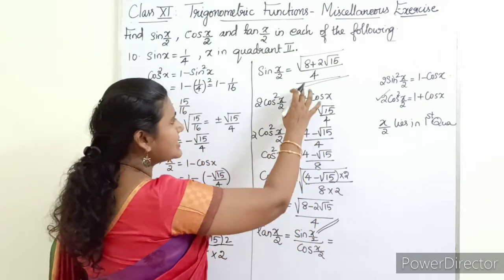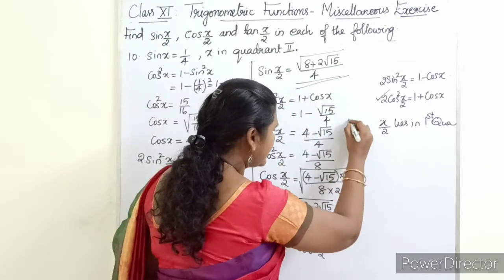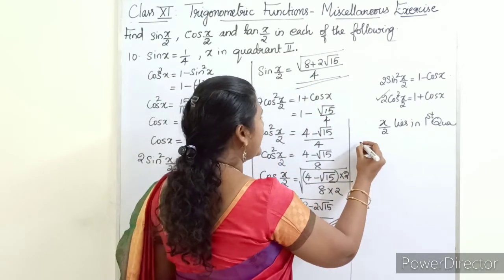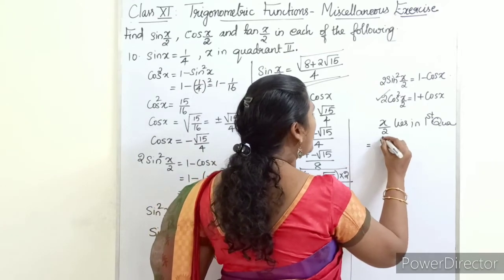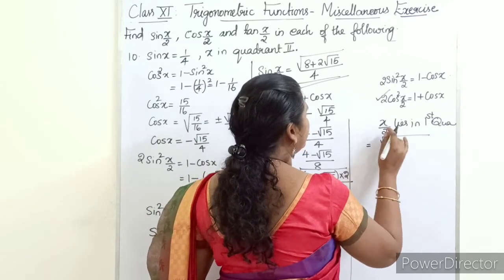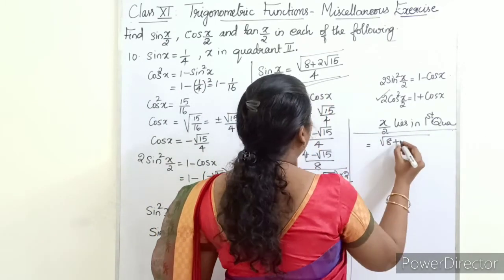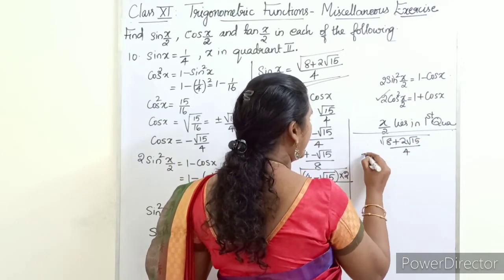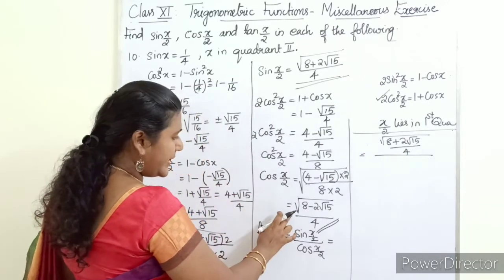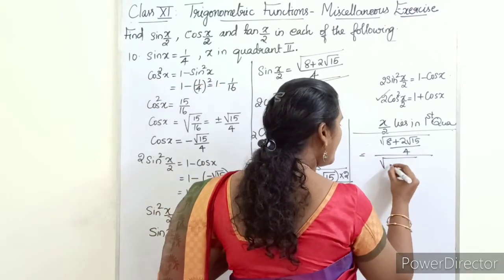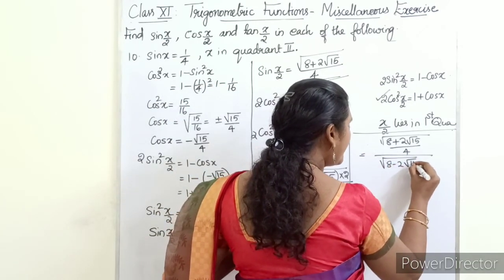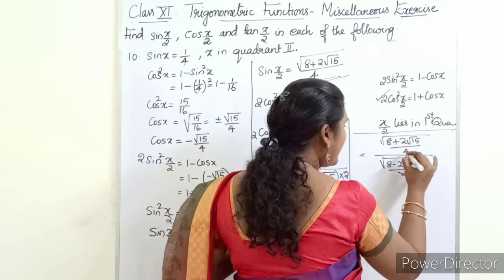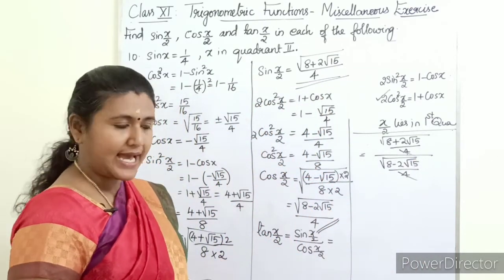So we will write here, sin x by 2 value is root of (8 plus 2 root 15) by 4, divided by cos x by 2 value, which is root of (8 minus 2 root 15) by 4. So what will happen? This 4 we can cancel.